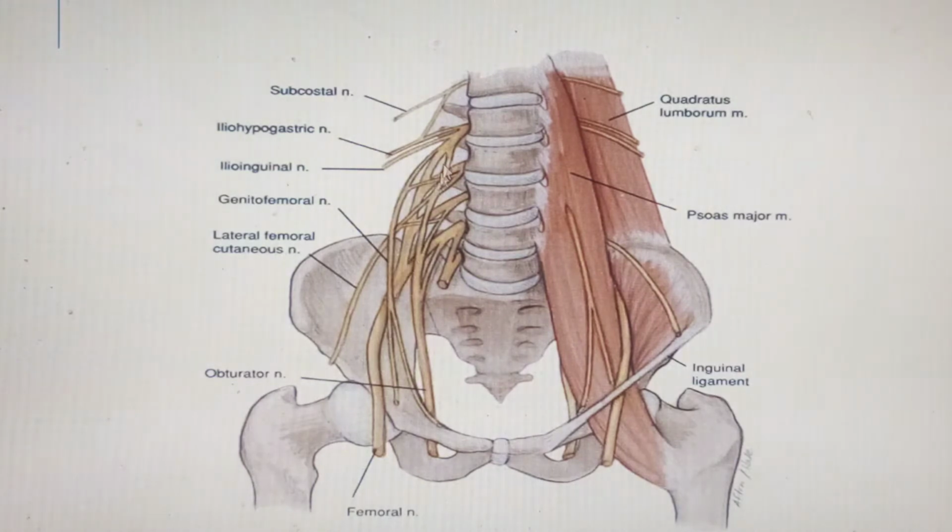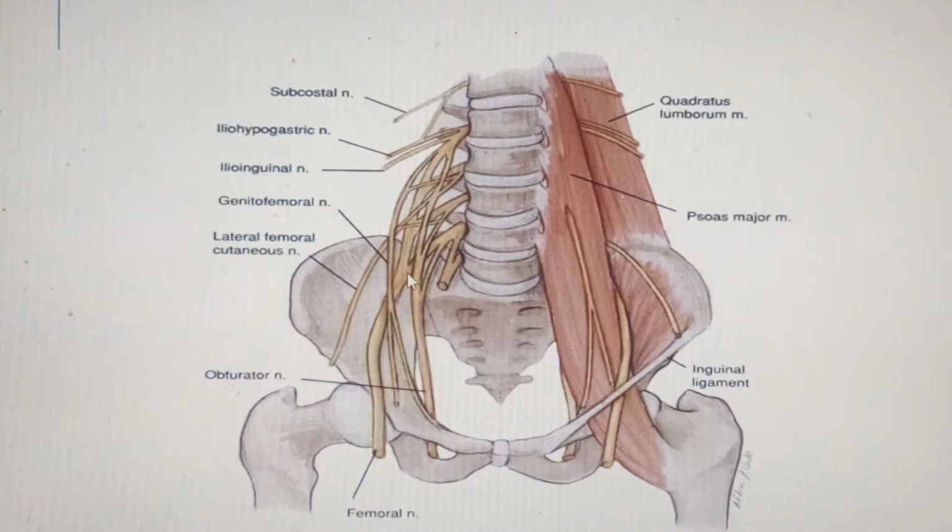It is coming all the way from L2, L3, and L4, ventral rami of the spinal cord nerve segment. But one thing that you have to know is that it's actually emerging from the dorsal divisions of the primary ventral ramus of the spinal nerve segment, emerging from the lumbar region. Okay, that is one thing that we have to know.